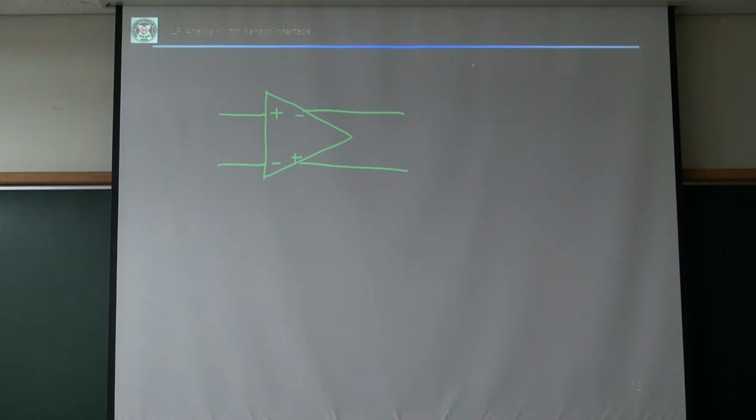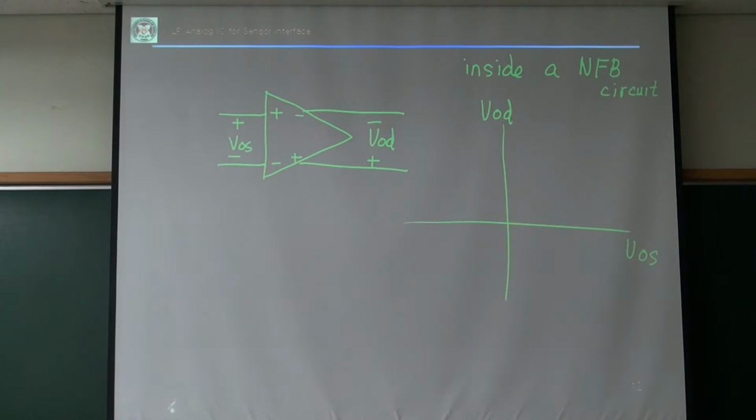If this amplifier is located inside a negative feedback circuit, then let's just say this is VOS, this is VOD. Yes, if I plot VOD with respect to VOS, then it should look like that.